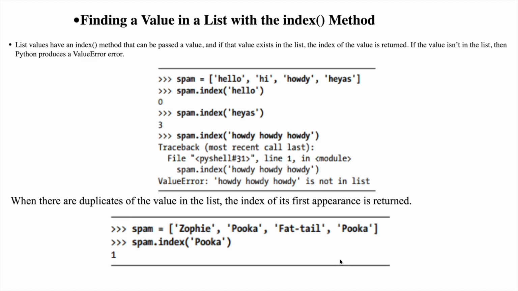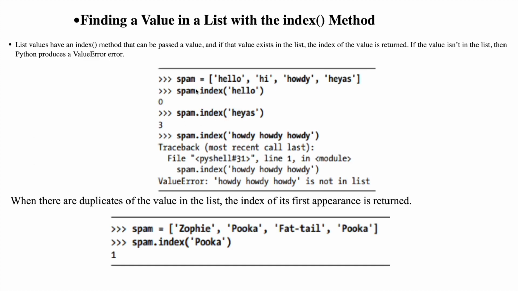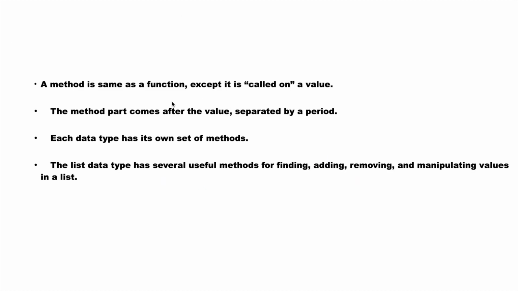See here, index is the example. Index is a method. You take the name of the variable you are using, after that you use a dot operator, that is a period operator, and next you use the method. So a method should always be separated with a dot operator or a period operator.